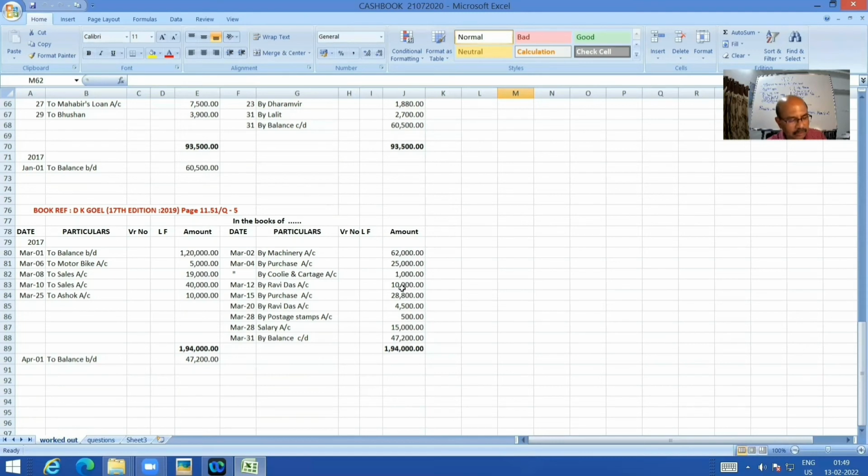I am not going to book it right now as purchase. You will be debited, and it will be squared up once the purchase follows. So debit the receiver, credit what goes out. Ravidas to cash, or cash by Ravidas, or in a simple way, moved out of the cash box by Ravidas. That's all.